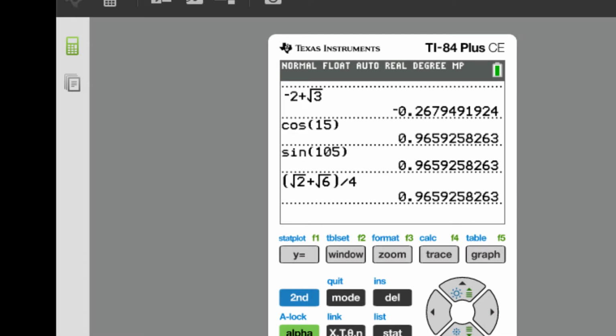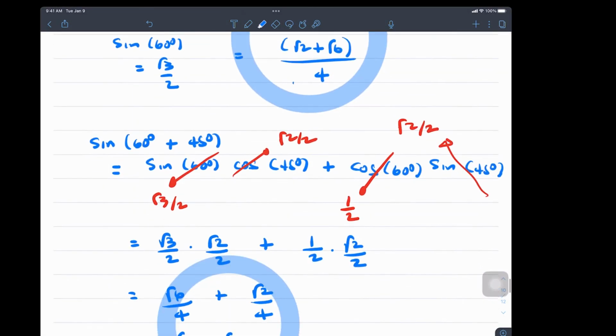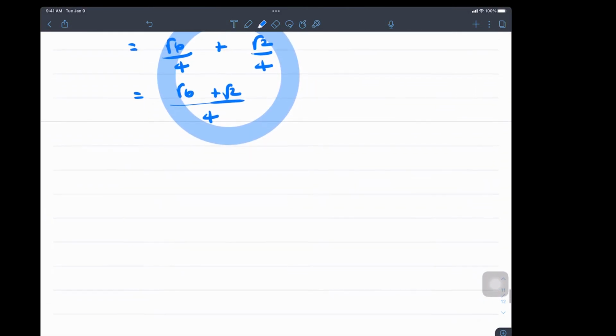I think it's interesting. The sum and difference formulas are always interesting. But one of the things that I enjoy about this idea, just so you guys know, is that this is another application of the sum and difference formulas.